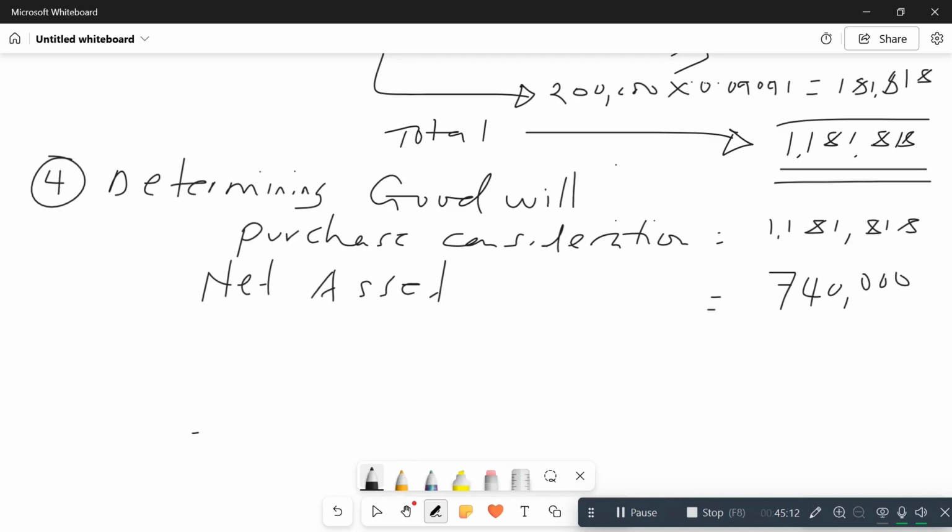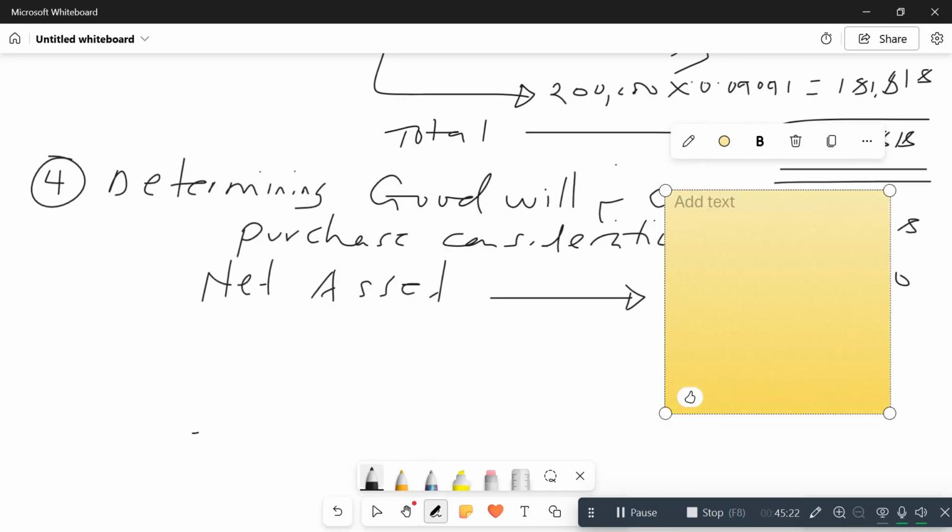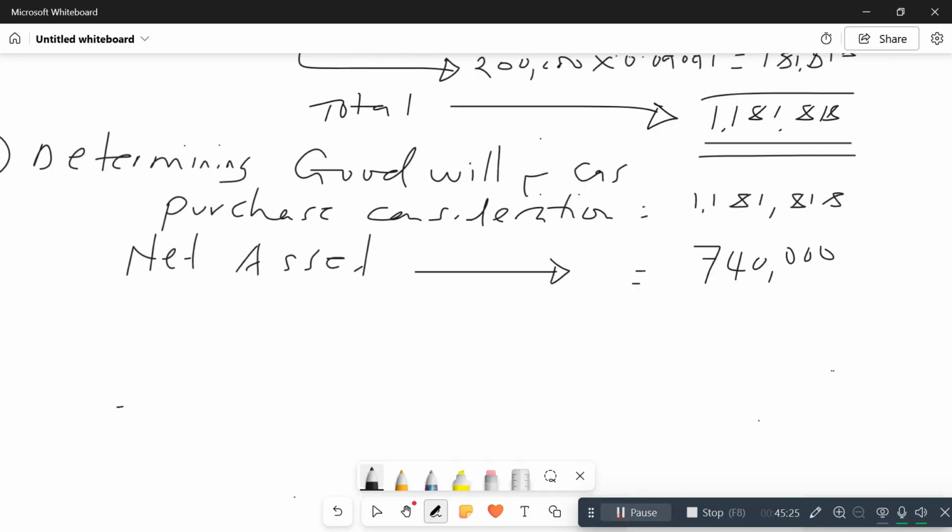Someone tells you, yes, they are worth 740,000, but the purchase consideration, I need the cash of 1,181,818. So when you subtract here, you look at that. They are making you pay more than the assets you are buying. Think about that.